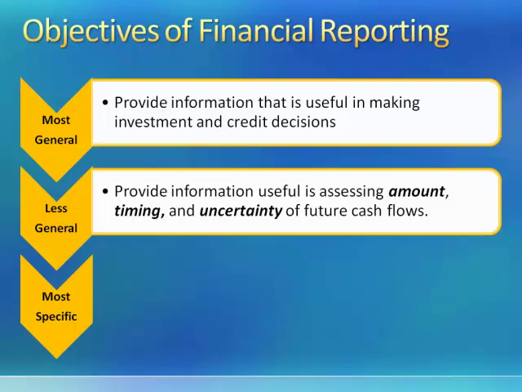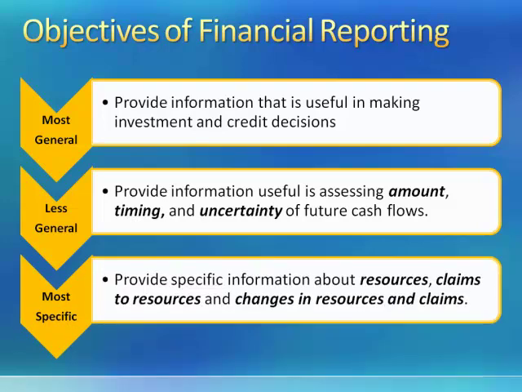This leads us to the most specific objective of financial reporting, and that's to provide specific information about resources, claims to resources, and changes in resources and claims. As we get more into financial reporting and the financial statements, we'll understand the specific objective more clearly because the purpose of financial statements is to provide this information.